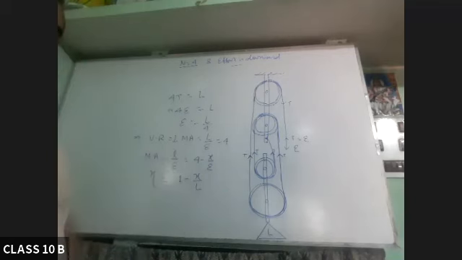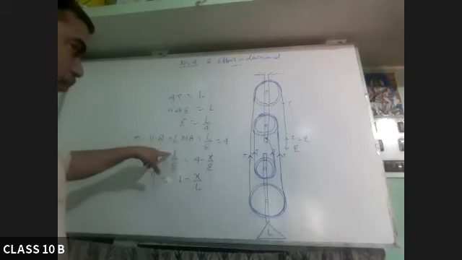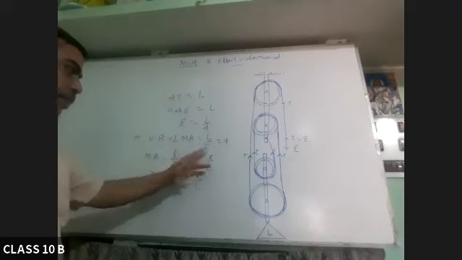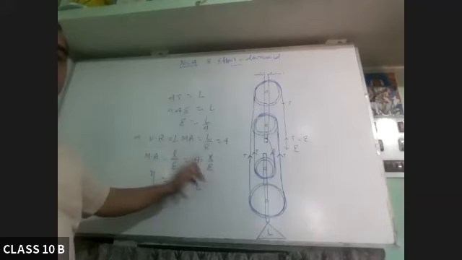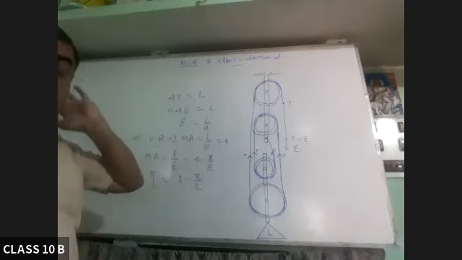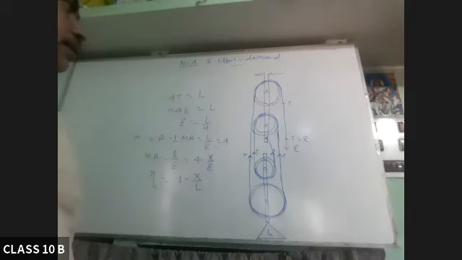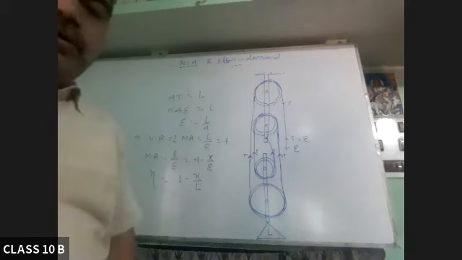While solving the numerical, we will use this: what is the useful load and what is the effort? If the useless load is given and effort is given, then use 4 minus this. This is when we are applying effort in downward direction.